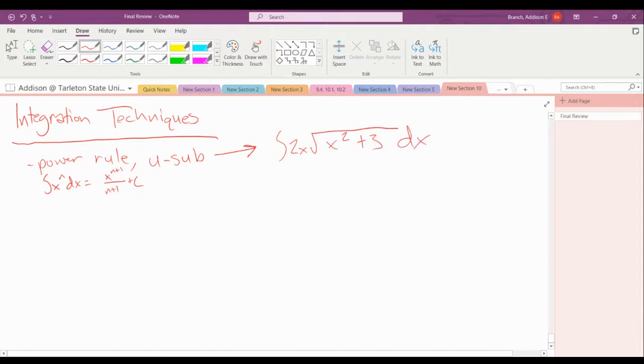That one is easy to spot because you can usually identify some function and its derivative, so you can have a u du. In this example, we have an easy u to spot, which would be u is x squared plus 3, and du is 2x.